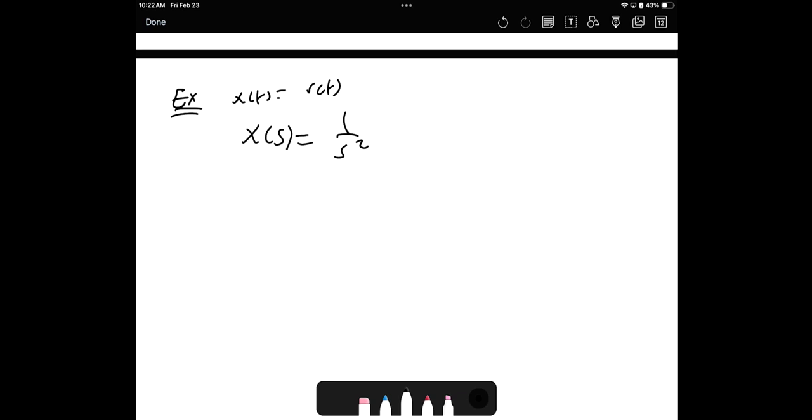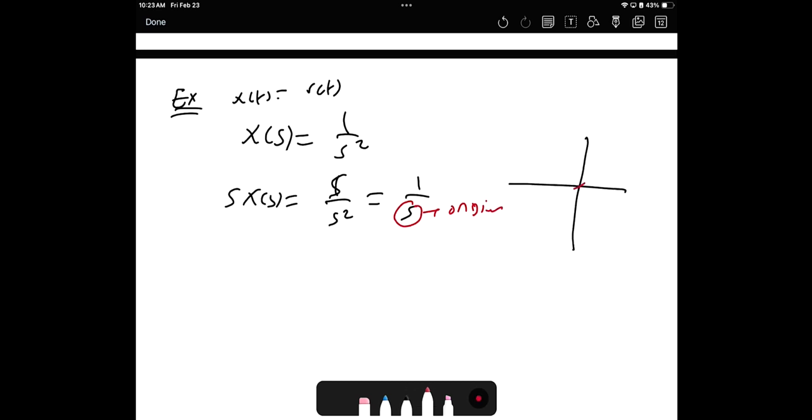So apply the final value theorem, look at the poles. X of s equals 1 over s squared, so the pole is located at the origin. When you plot the pole, it's at the origin, but still on the imaginary axis of the s plane. Therefore, final value theorem cannot be applied.